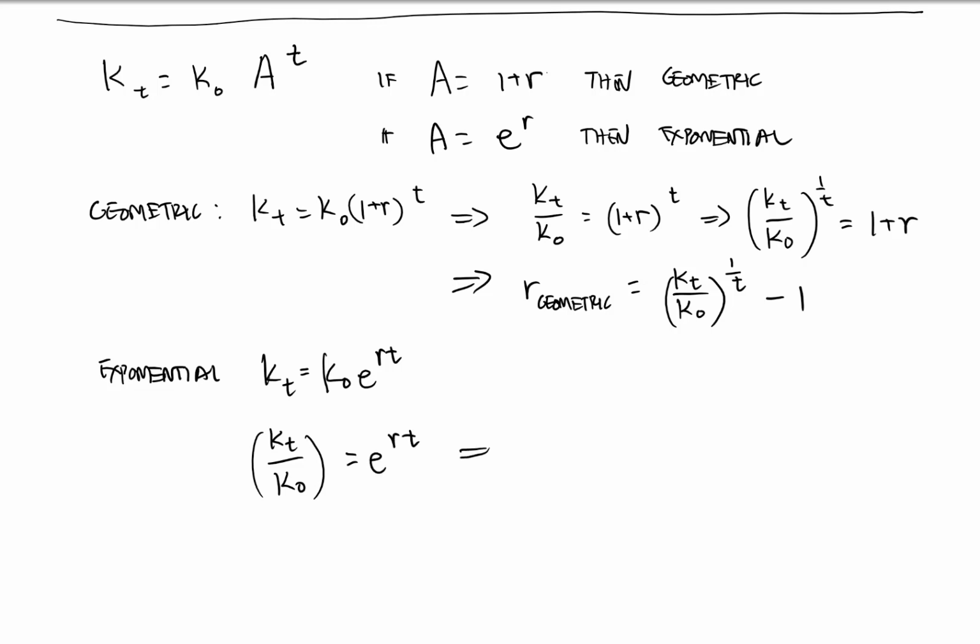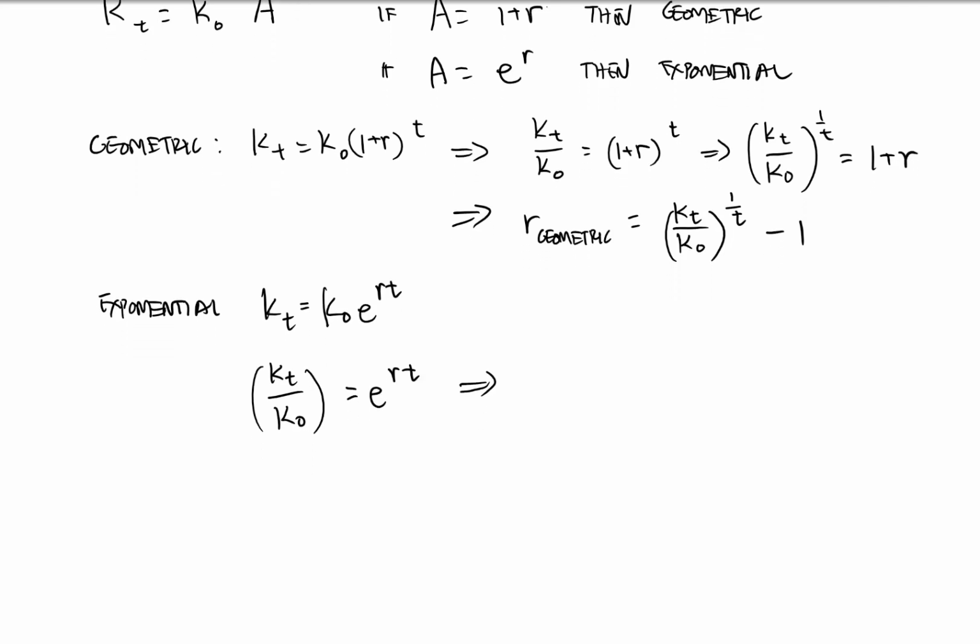How do we solve for r? What we can do is take the logarithm base e of both sides. So we're going to take the logarithm base e of the ratio k_t over k_0, and that's going to be r times t.